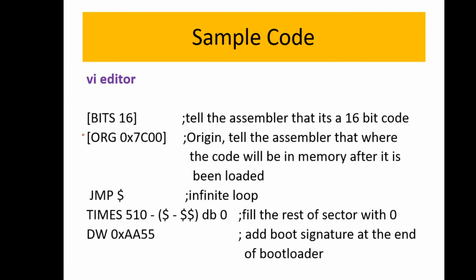The first line, bits 16, indicates we are working with the 16-bit instruction set. It tells the assembler that we are going to work with 16-bit code. As we discussed earlier, irrespective of the architecture, we have to write the code in 16-bit instructions, and we make sure of this using bits 16.